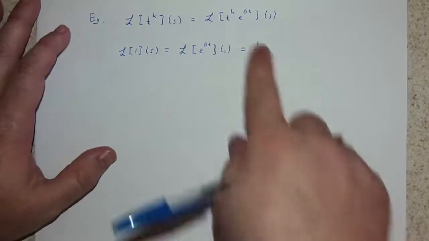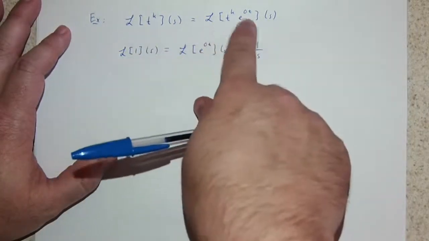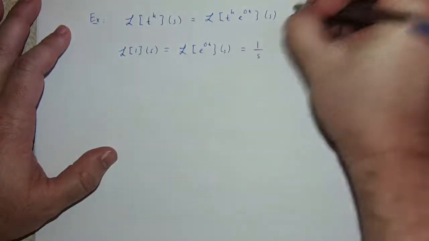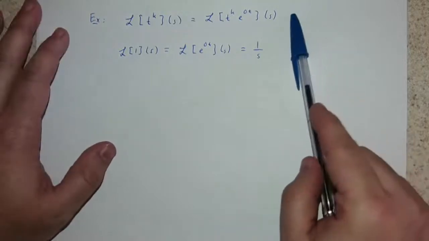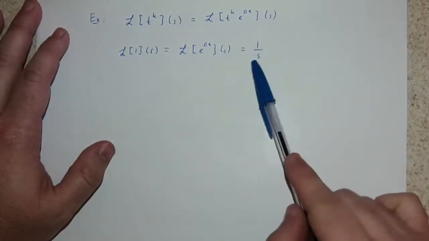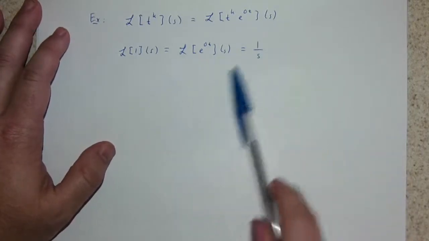So then, what is this? The Laplace transform of t to the k is the Laplace transform of t to the k times e to the 0 t. So this is like minus 1 to the k times what?